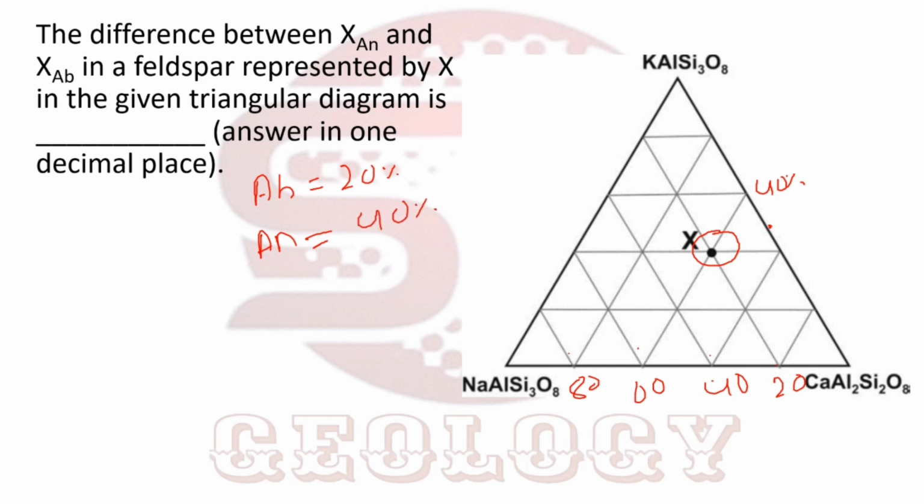So the fraction of anorthite will be 0.4, and the fraction of albite will be 0.2. So the difference between XAN and XAB will be 0.4 minus 0.2, it will be 0.2. So the answer will be 0.2.